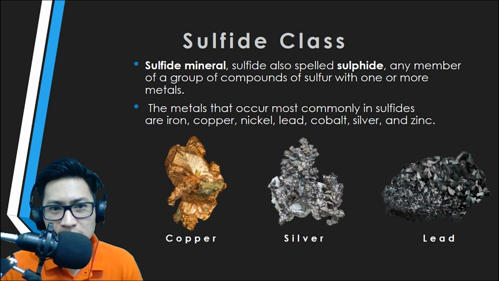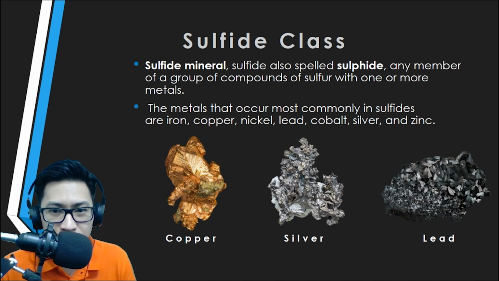The metals that occur most commonly in sulfides are iron, copper, nickel, lead, cobalt, silver, and zinc. Most of the sulfides are simply structured, exhibiting high symmetry in their crystal forms, and have many of the properties of metals. That includes their metallic luster and their electrical conductivity. Okay? They often are strikingly colored and have a low hardness and a high specific gravity.